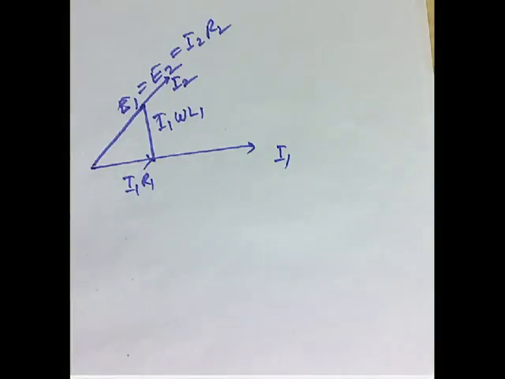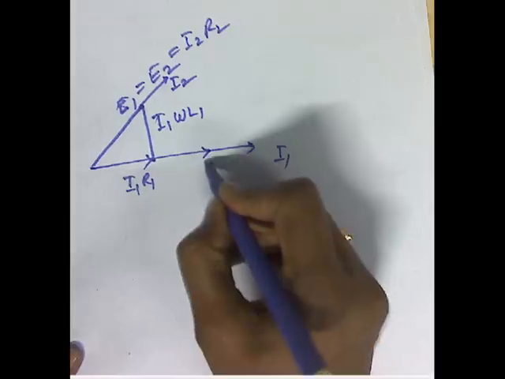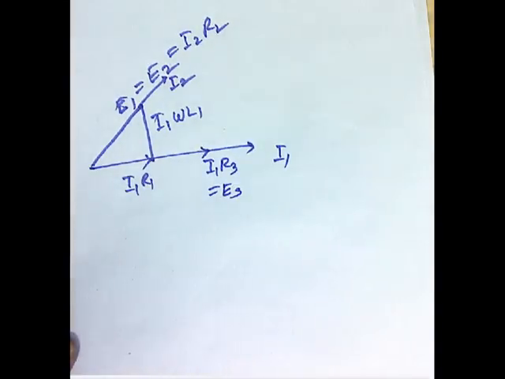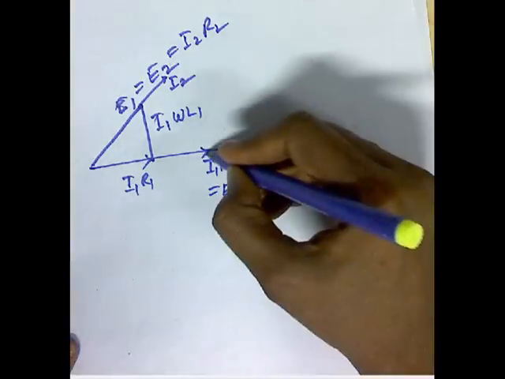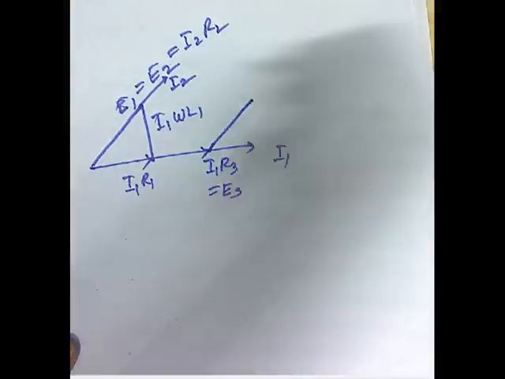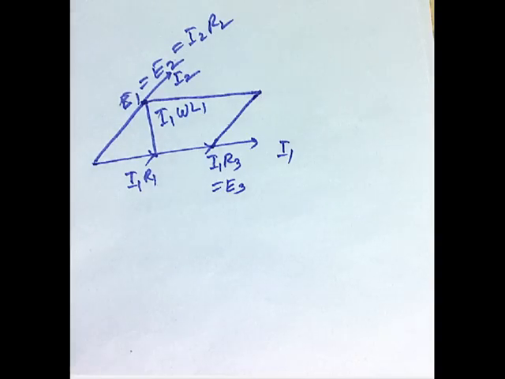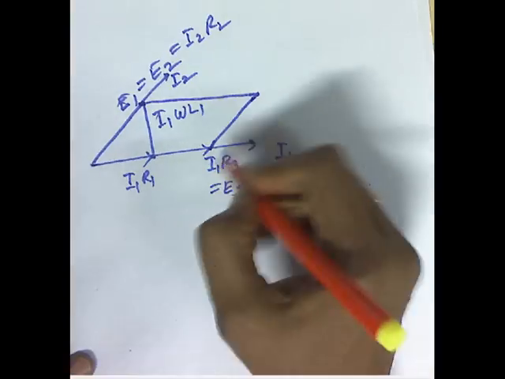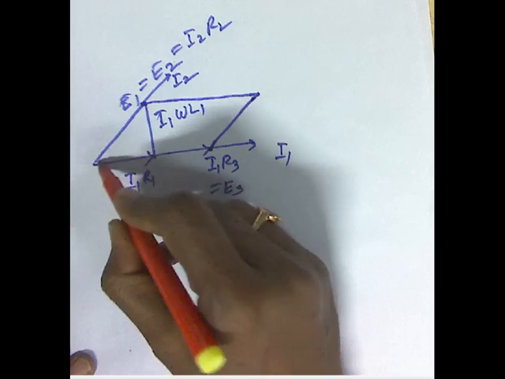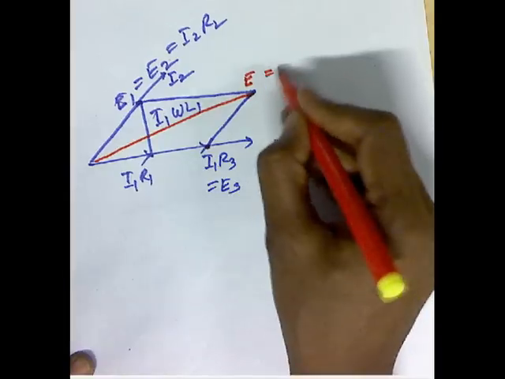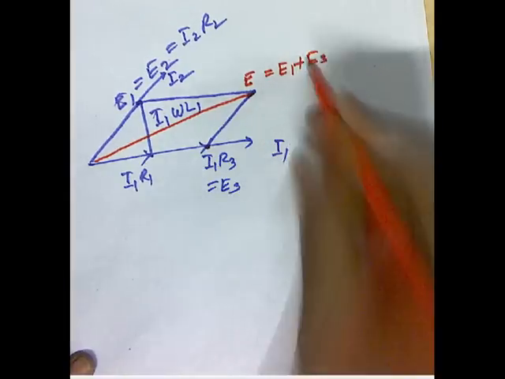Now E3 is equal to I3 R3, or I1 R3 is equal to E3. E1 plus E3 is equal to E. Complete the parallelogram. So this is your E3, this is your E1, and this is your E. E is equal to E1 plus E3.